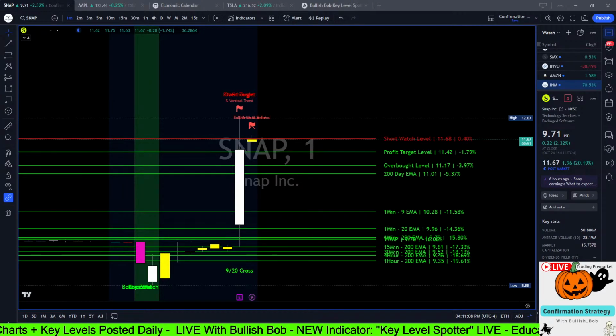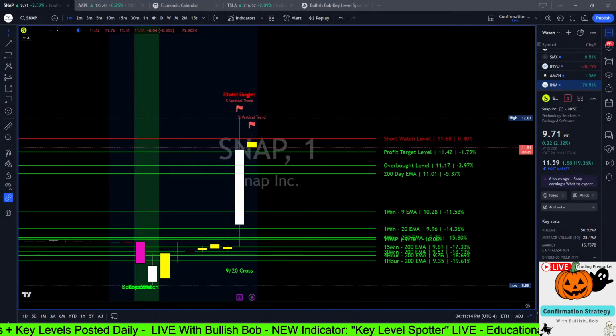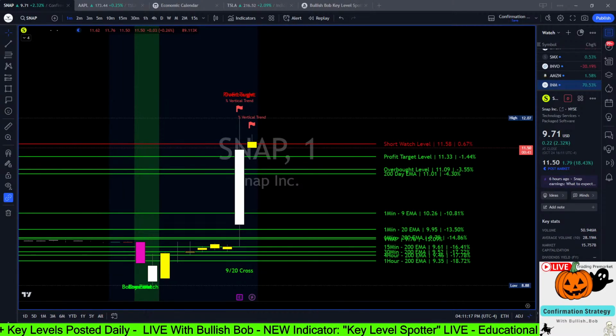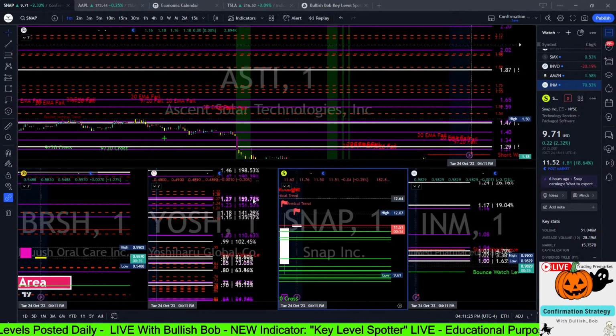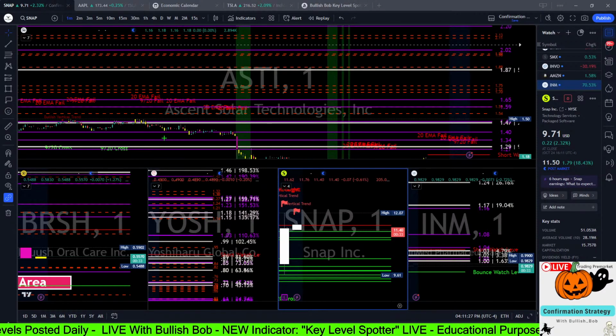No position for myself at this time. No trades here in the post market. SNAP, watching this one, even though it's a huge float, so I don't think I'll be trading that.